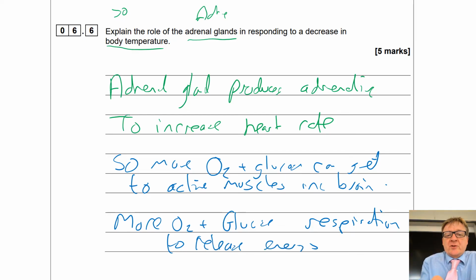Right, so what we've done is we've talked about adrenal gland produces adrenaline, decrease in body temperature. So adrenaline is produced to increase the body temperature by sending the heart rate higher, so that more oxygen and glucose can then get to active muscles to do more respiration, because respiration releases energy.